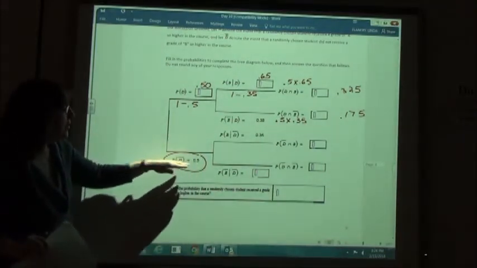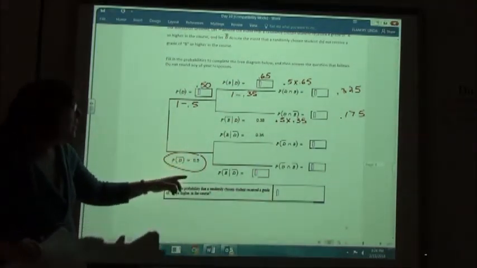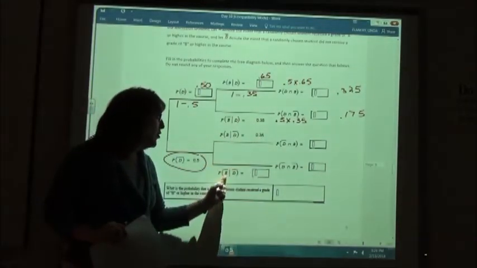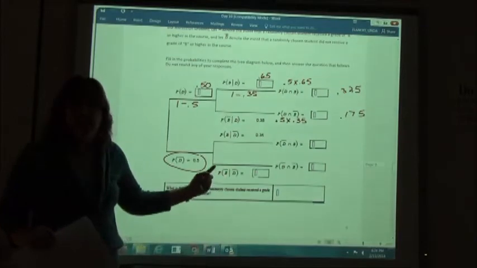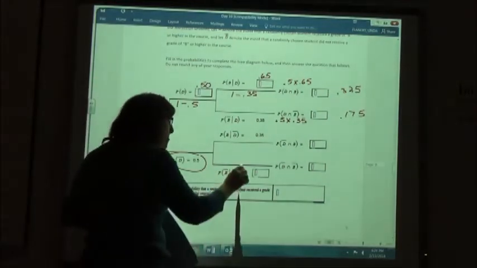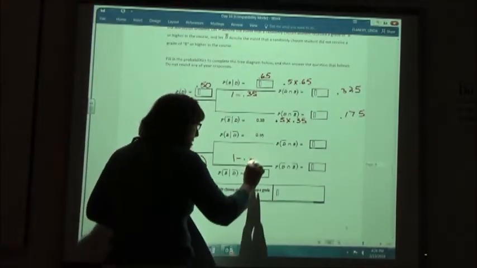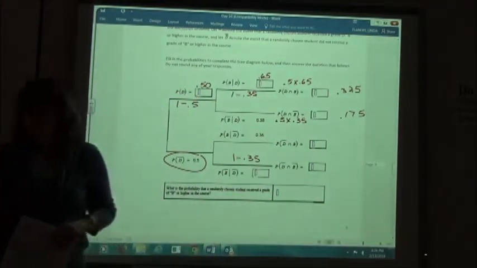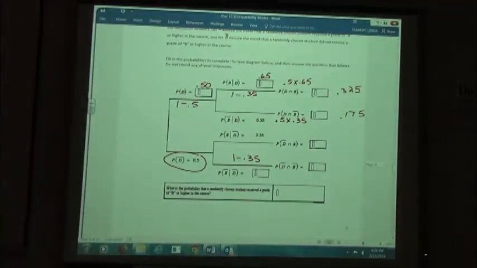Here, we did not go to the discussion sessions. The probability of getting a B was 35%. So the probability of not getting a B is going to be 65% again.